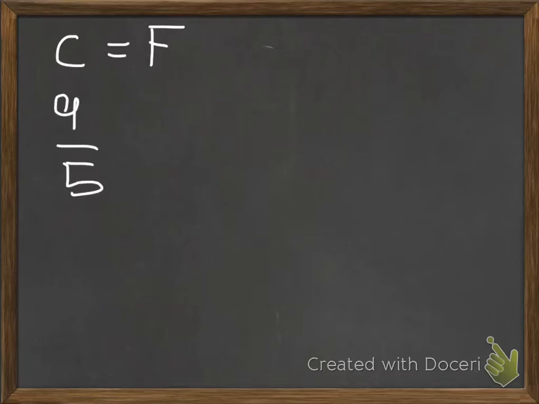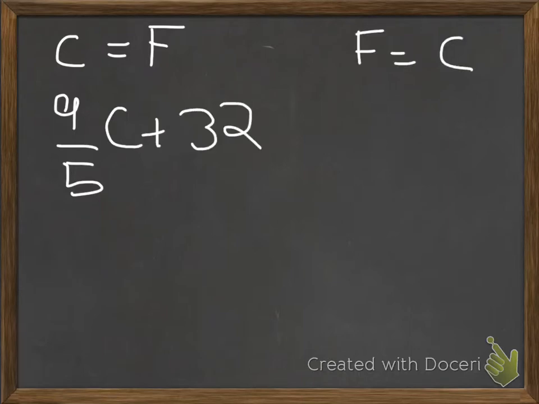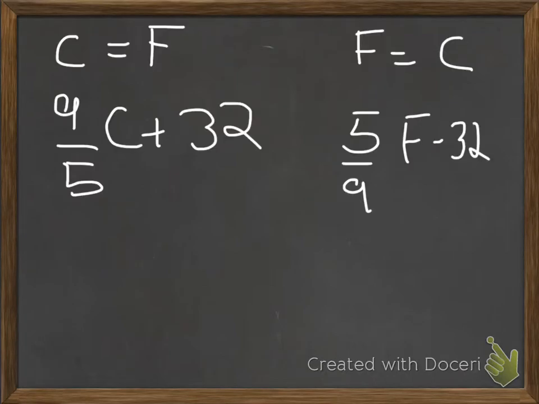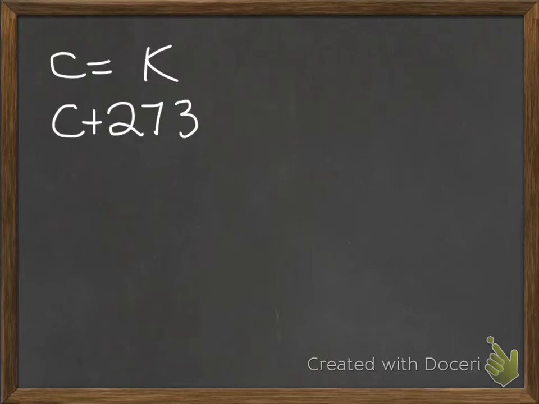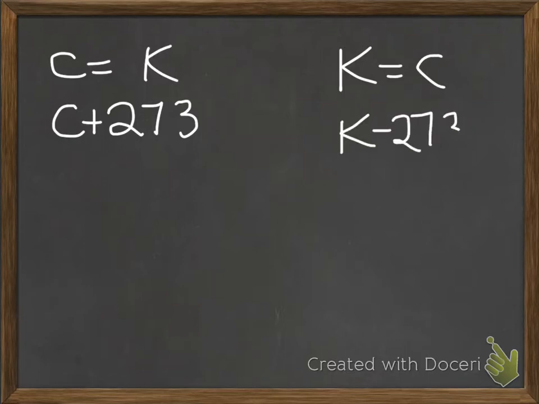So remember this: to convert Celsius to Fahrenheit, you should use the formula 9 by 5 into C plus 32. For Fahrenheit to Celsius, you should use 5 by 9 of F minus 32. Then for Kelvin, to convert from Celsius to Kelvin, you should use C plus 273, and for Kelvin to Celsius, K minus 273.